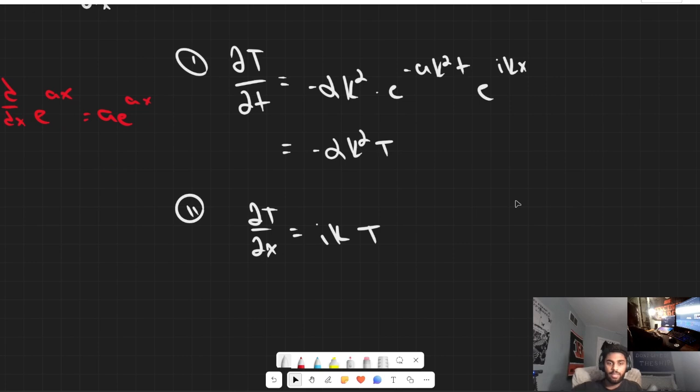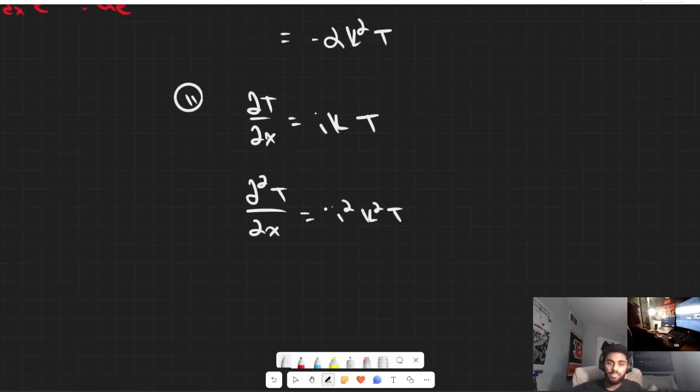And its second derivative is just the derivative of this again. That's i squared k squared t. i squared is just equal to the square root of -1 squared, which is equal to -1. So this equals minus k squared t.